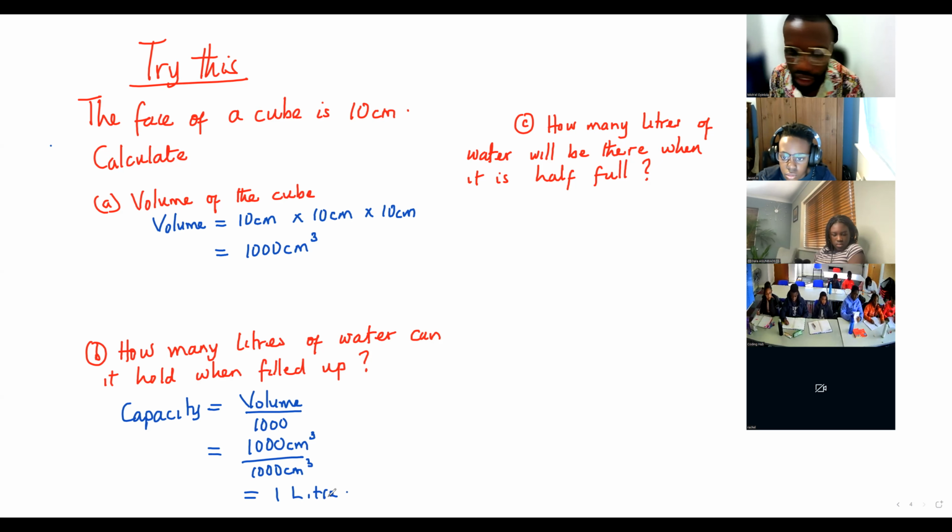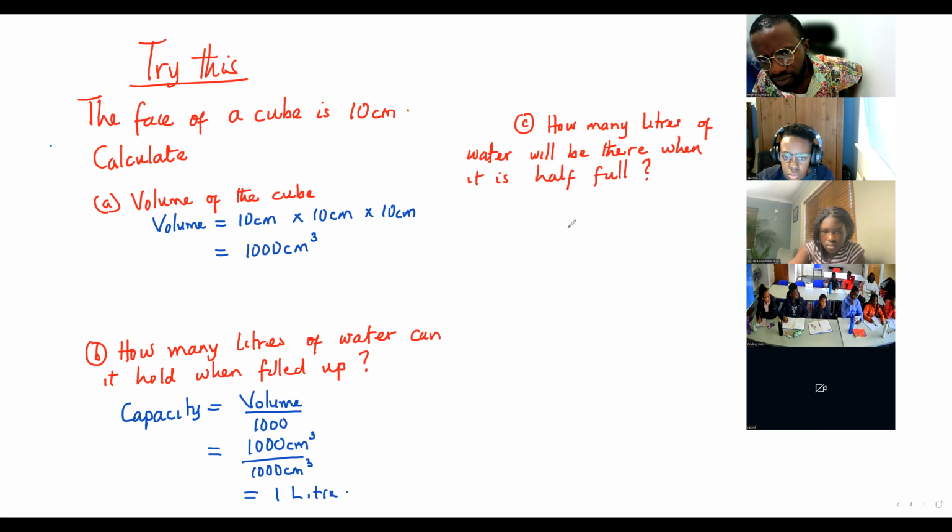Very good. So, Reese, what happens when it is half full? When the volume of the cube was 1,000 and it says half full, I did 1,000 divided by 2 and got 500 liters.